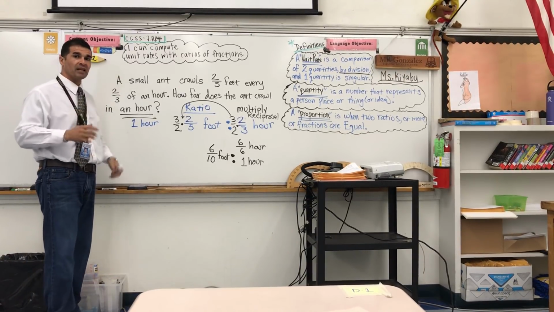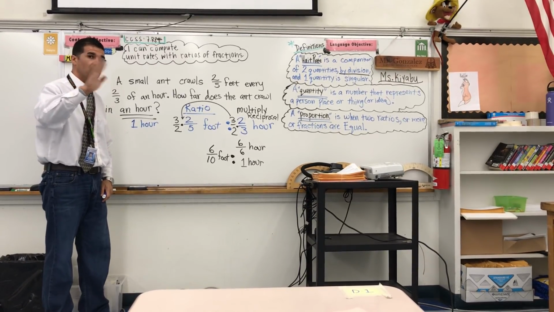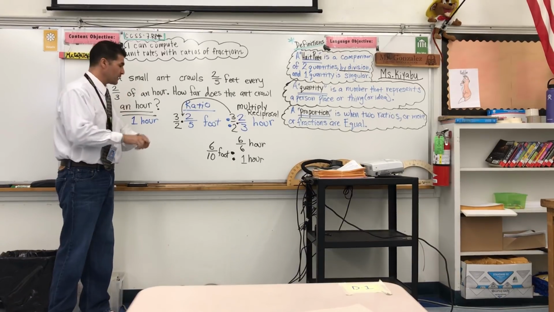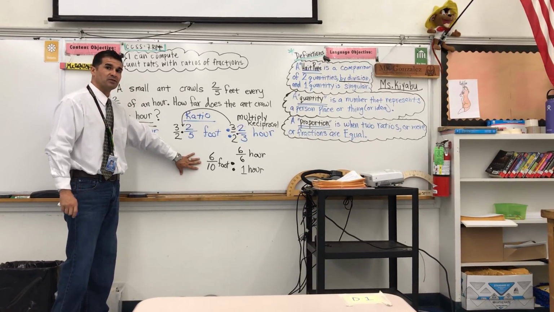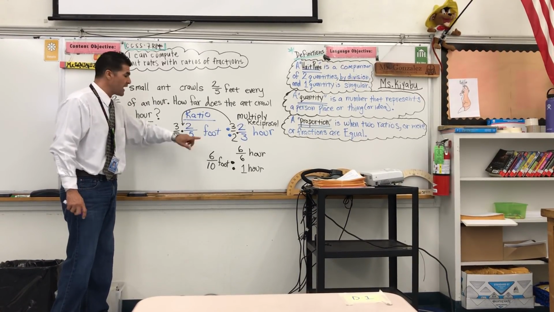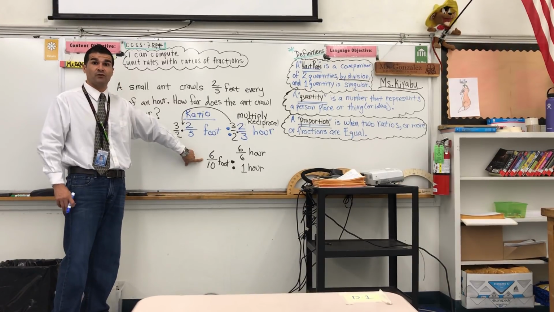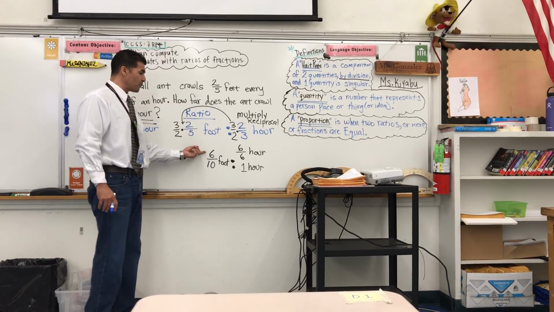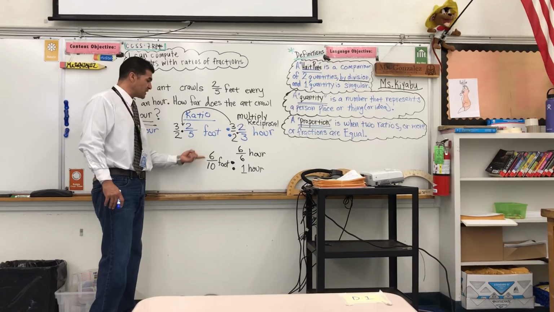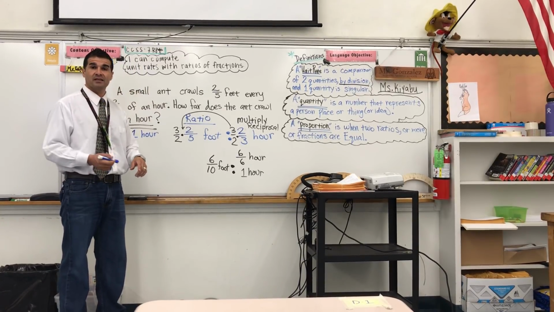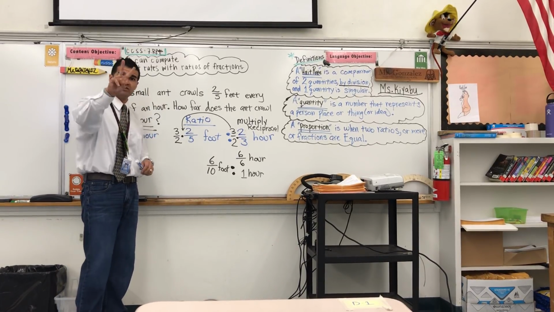Now, if you guys remember in class, I gave you 5 steps. We're on step 4 now. You should have written these 5 steps in your notebook like I asked you to. And step 4 is to reduce if you can. Is there a number that we can reduce 6 and 10 by? Yes, there is. It's the greatest common factor, which is 2.